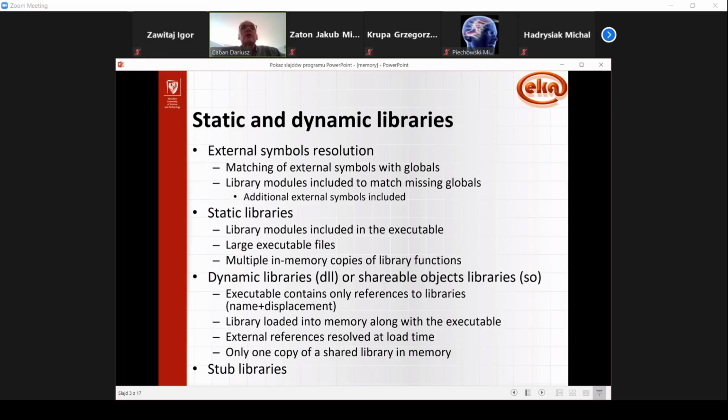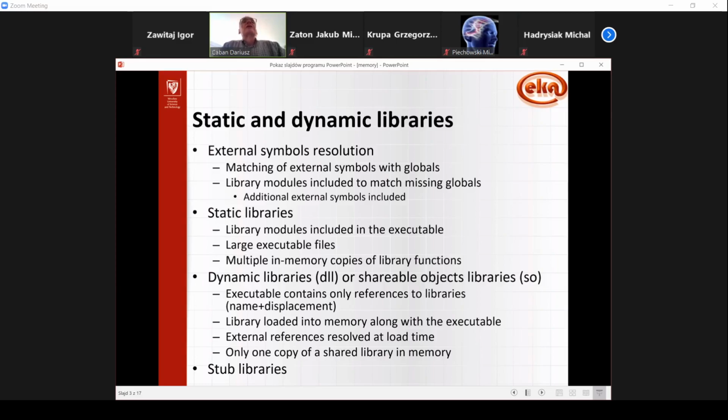What is also quite important is that the library code that is being used by your program is also stored inside the executable file, which makes the executable files much larger than they need to be.